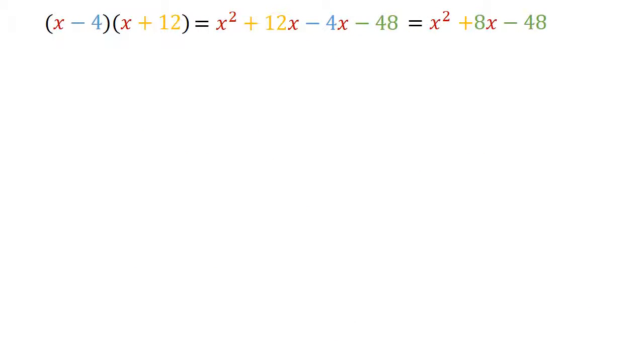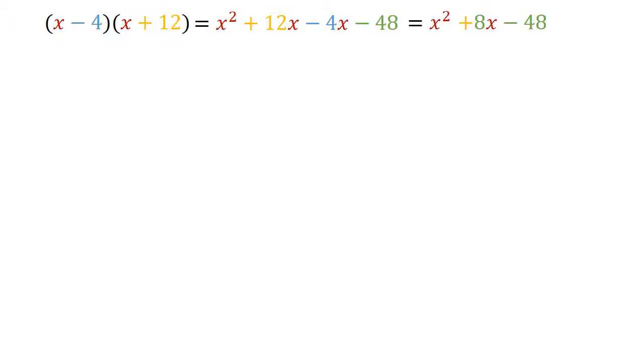All right, so let's look at this problem. This problem's a little different. Here, notice a lot of this stuff is the same as before, except if I look at that trinomial at the end, that 8x, notice the sign of the 8x is yellow. That's because if I look back in the problem, between the yellow 12 and the blue negative 4, the larger of those two was the 12, the yellow number. So I took the sign of who was bigger.